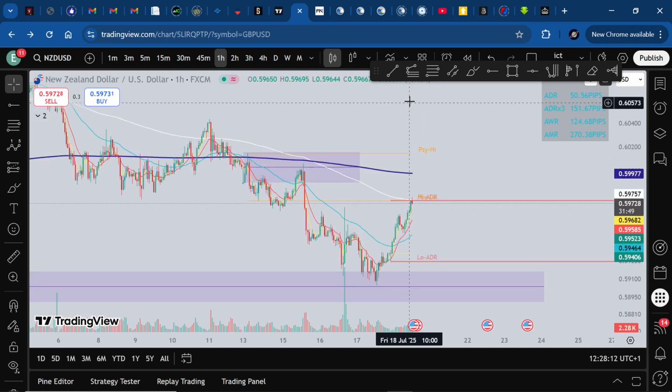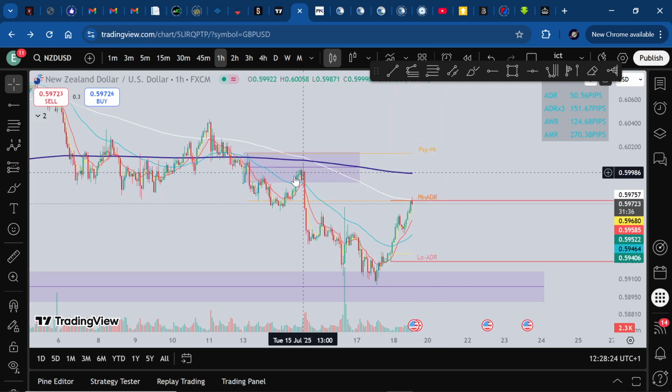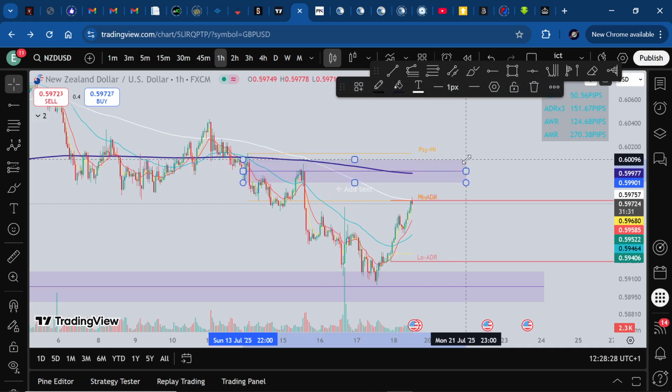We could just keep shooting up, but at some point, I would expect price to come and touch the 50 EMA. Doesn't mean it's coming down here, because the 50 EMA will rise as price does. So we have an unmitigated supply zone with imbalance over here. So that could cause price to stall, go sideways, pull back.